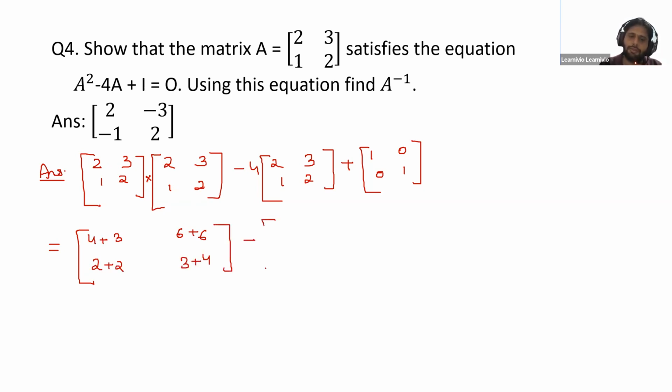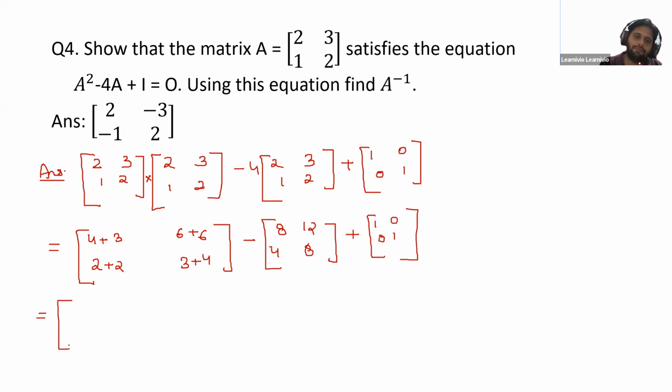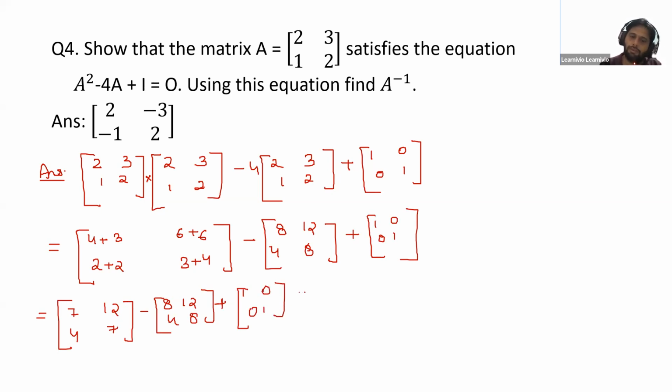Okay, minus this. So this will be 8, 12, 4, 8. And this is identity, 1, 0, 0, 1. Now this is 7, 12, 4, 7, minus 8, 12, 4, 8, plus 1, 0, 0, 1. Now we will add and subtract them.